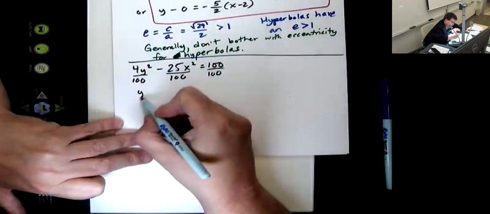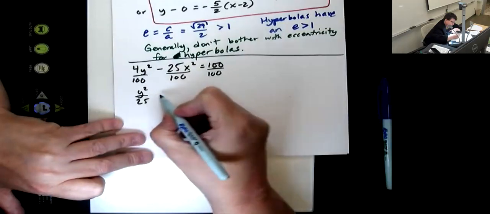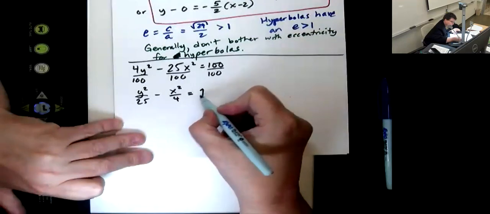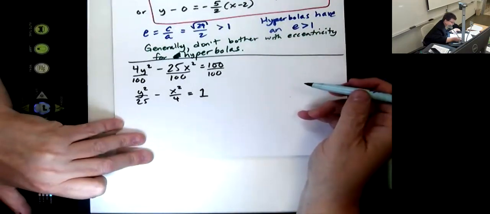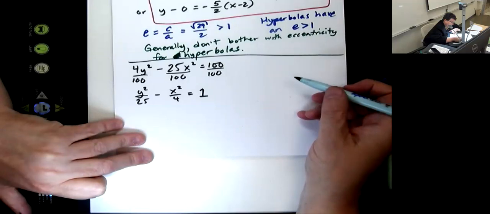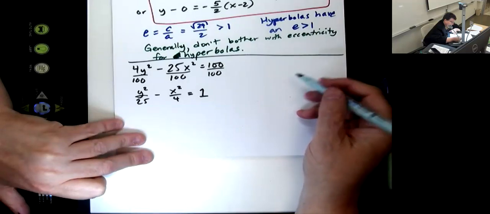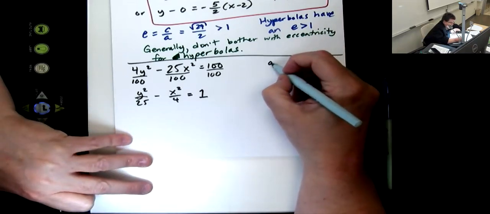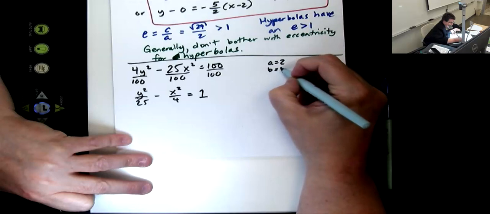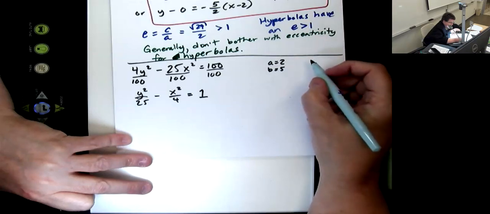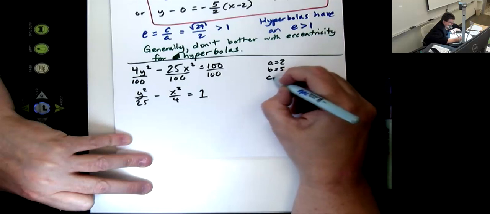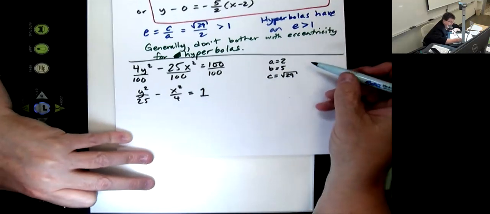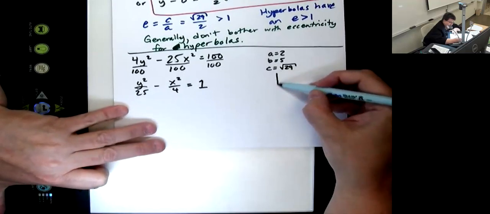And we get y squared over 25 minus x squared over 4 equals 1. Which means, just like our last problem, a equals 2 and b equals 5. C is square root of 29. We just did this in the last problem. We still make our box the same way.